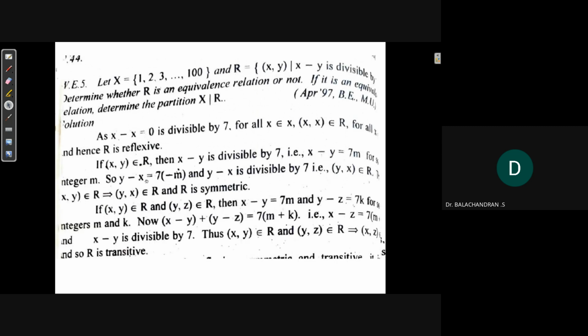The next problem: the first part is you need to prove whether R is an equivalence relation or not. The second subdivision asks for the partition.